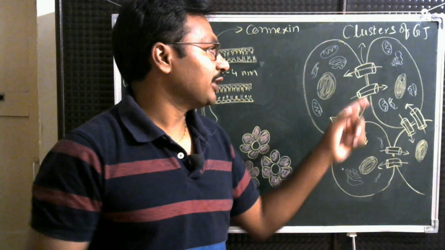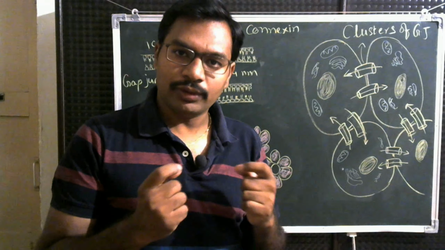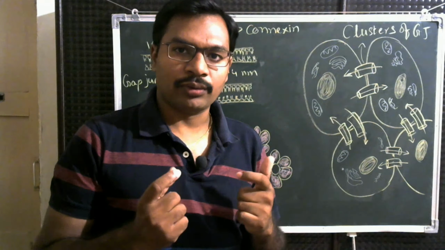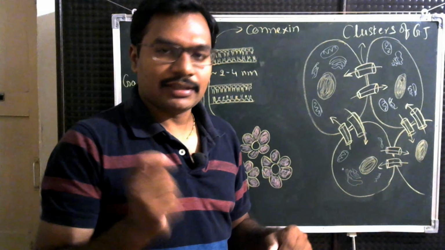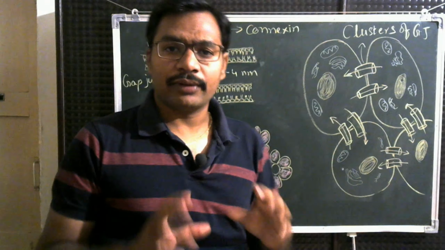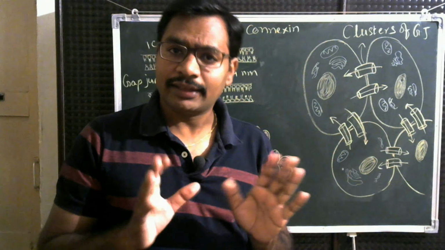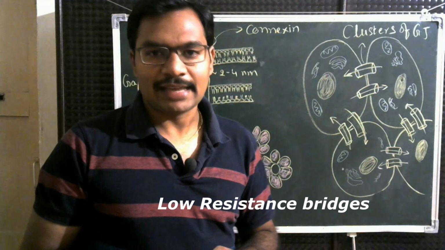Gap junctions do allow certain ions like potassium, calcium, charged particles across the cell membrane. The reason is the gap junction doesn't have any resistance. These are known as low resistant bridges which connect both cells.